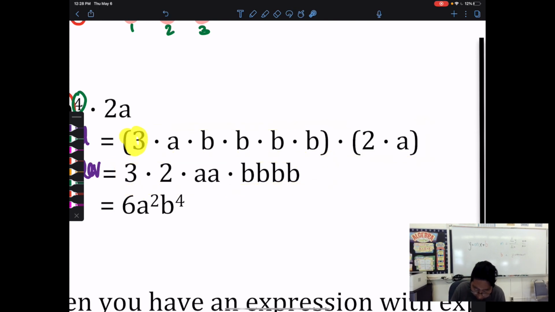So you have 3, 2, and then we have the a's, so a times a, and b, b, b, b, b, b, b, b. Everything is accounted for and highlighted. All we did is we took this and reordered it. The numbers come first, then the a's, then the b's. Once we reorder, then we can simplify.